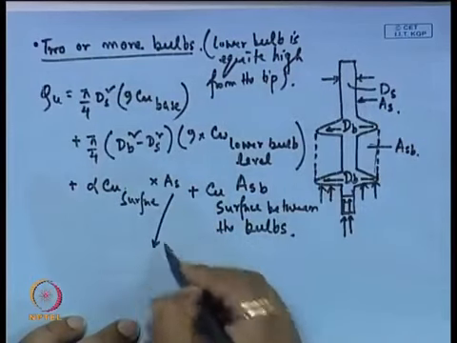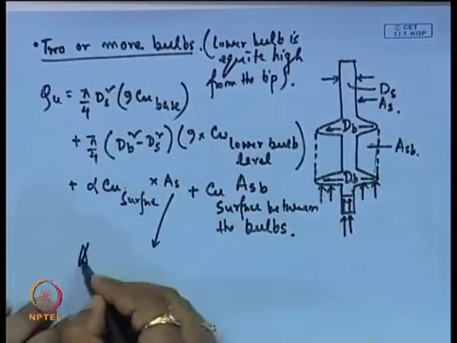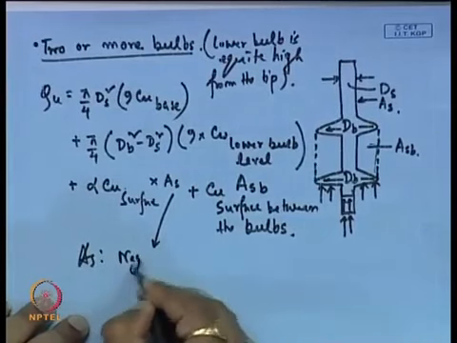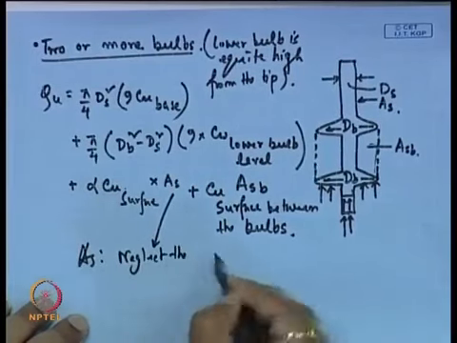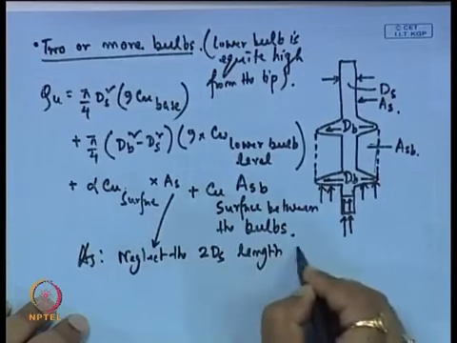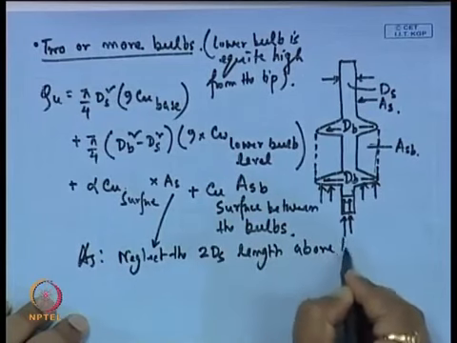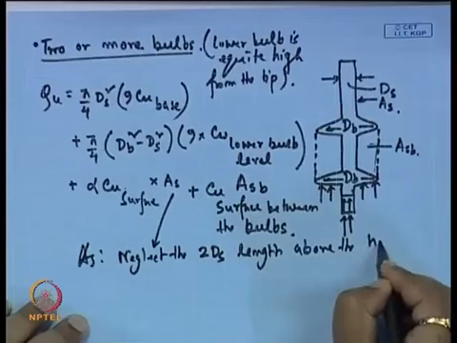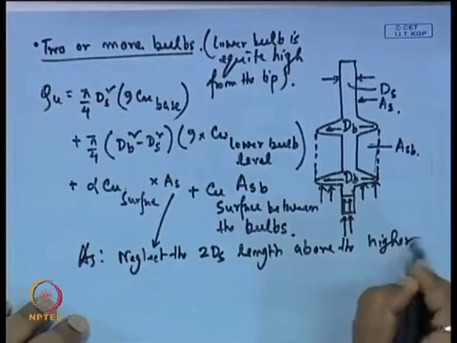When we calculate this A_s, during the A_s calculation, again we neglect the 2ds length above the higher bulb.